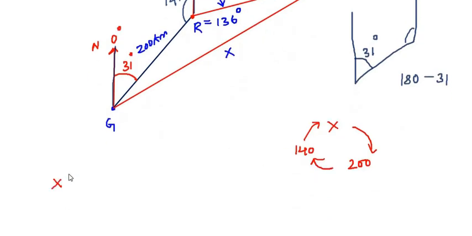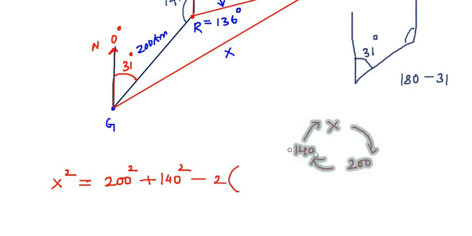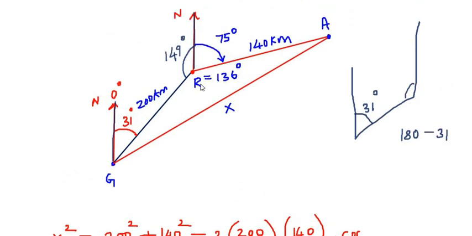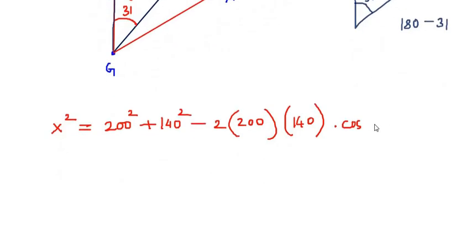So I will write it as x square equals, as you can see, x is followed by the other side, 200 square, plus the other side, that is 140 kilometers, 140 square, minus 2 times, I have to repeat the sides. So it's written as 200, that is this side, times 140 times cos of the angle which is in between these two sides, which is angle R. So here it is 136 degrees.